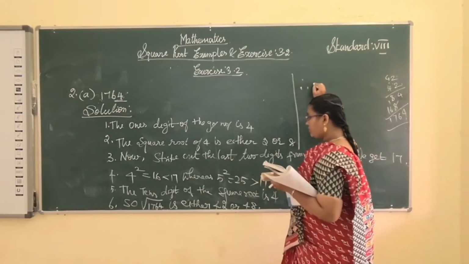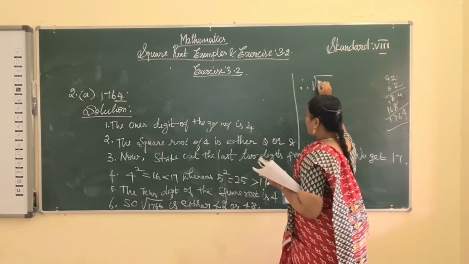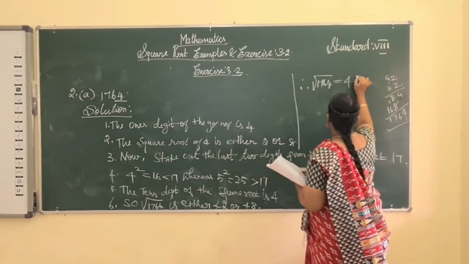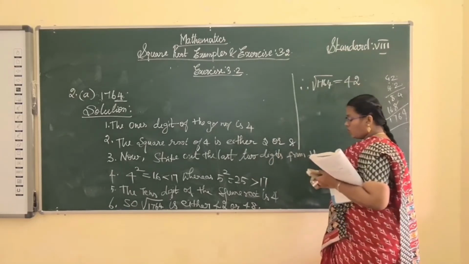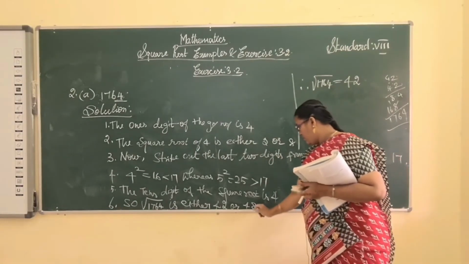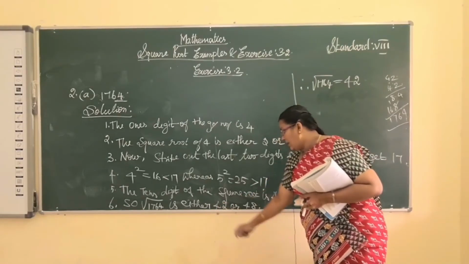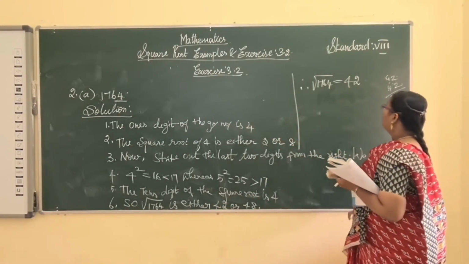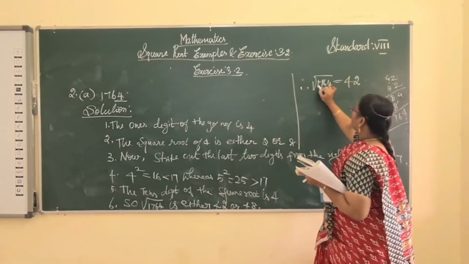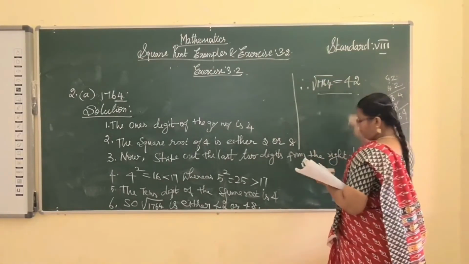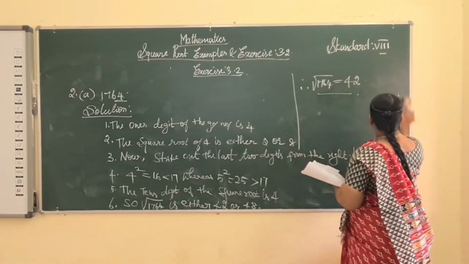Therefore, the square root of 1764 is equal to 42. Okay, so that is the answer. So 42 is the square root of 1764. That's all. Now see the next problem.